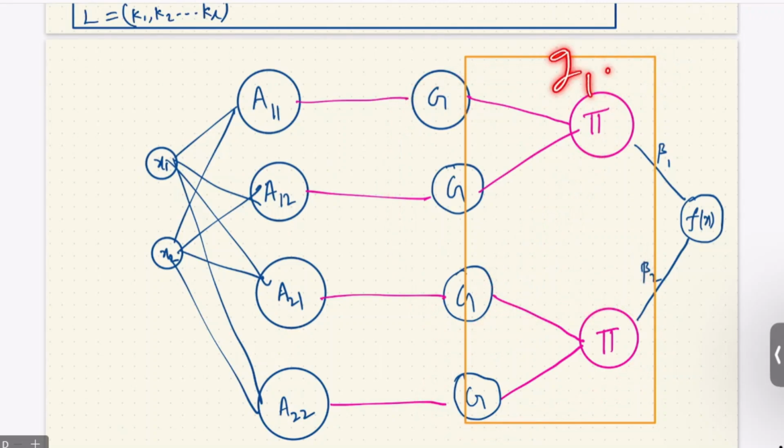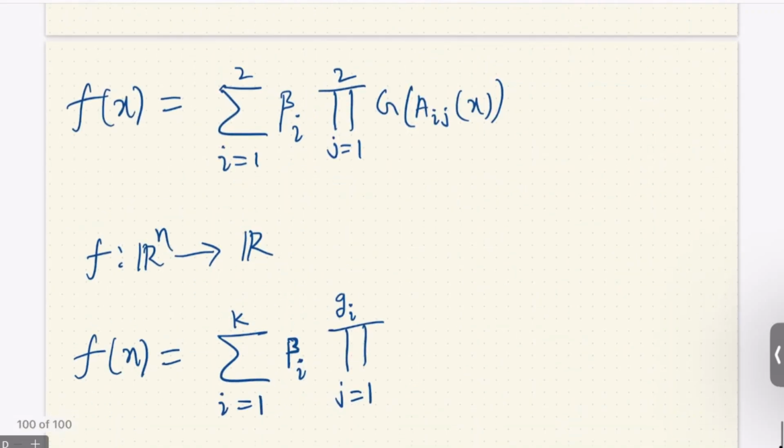Here in this case, g_1 equals g_2 equals 2 only: two things go here, two things go there. That is g_i, the group size. Everything else is the same: g of a i j of x.